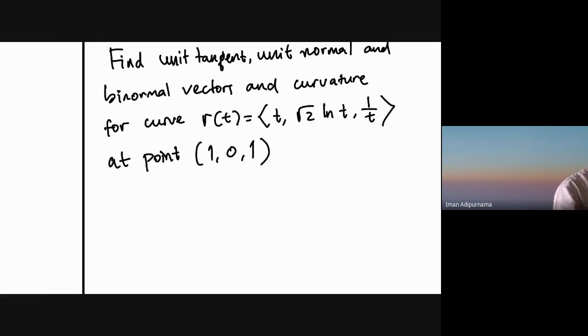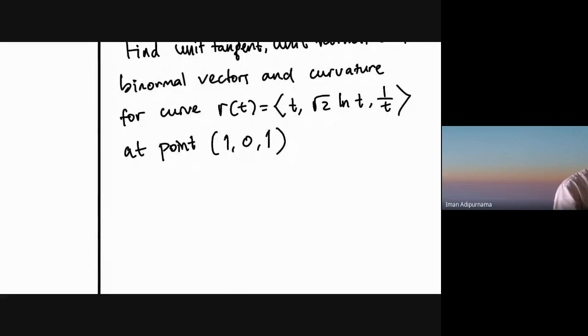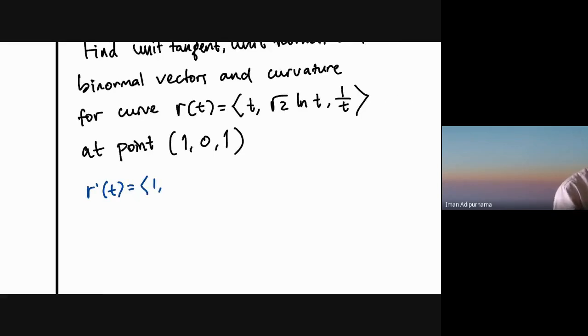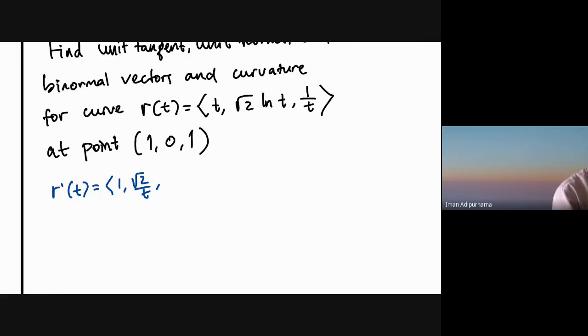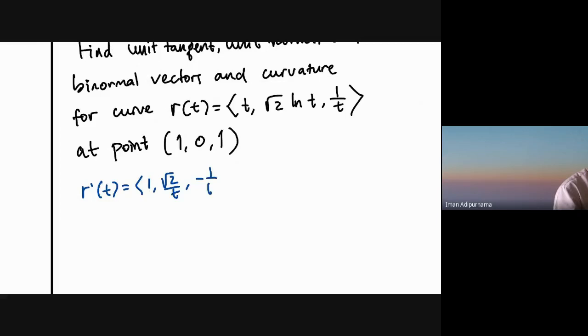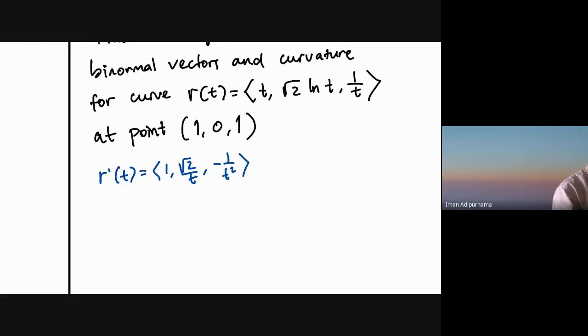Okay, let me also write for you some part, maybe if I have the time. Let me write the r prime: this is 1, and then square root of 2 over t, and then 1 over t is negative 1 over t squared, right?